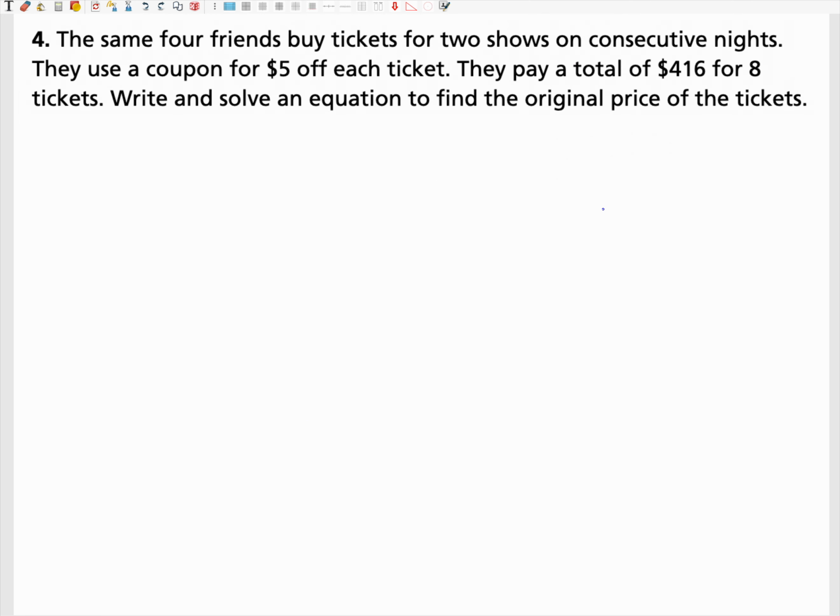The same four friends buy tickets for 2 shows on consecutive nights. They use a coupon for $5 off each ticket. They paid a total of $416 for 8 tickets. Wait, yeah, there's 4.